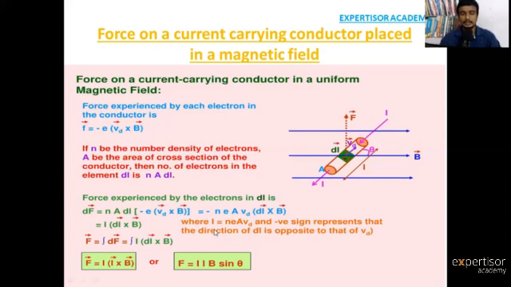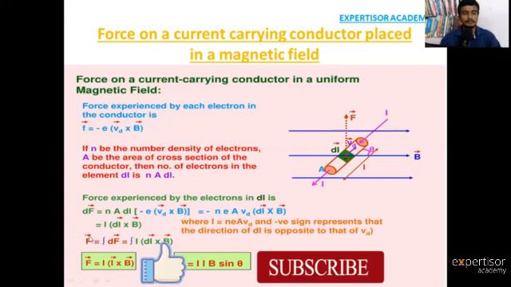The current passing through the conductor is the product of drift velocity and n e A, where n is the density of electrons, e the charge of the electron, and A the area of the conductor. Finally, integrating, F is equal to the integral of dF, that is the integral of I dl cross B.